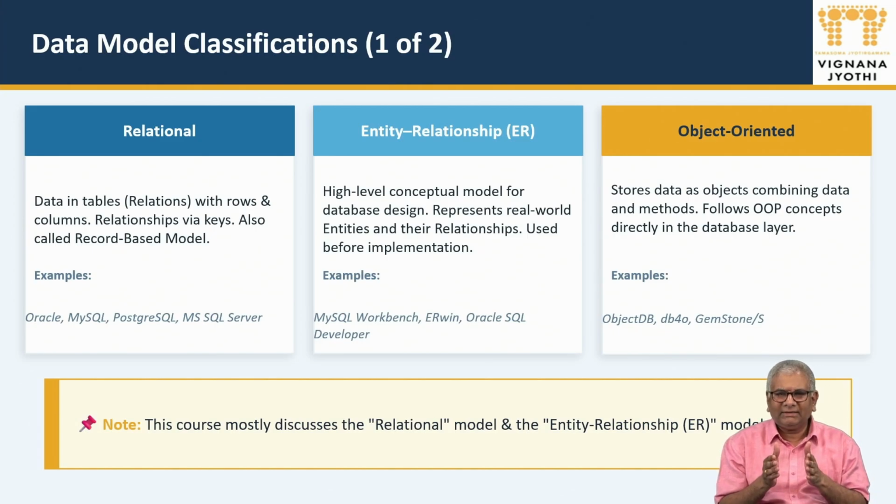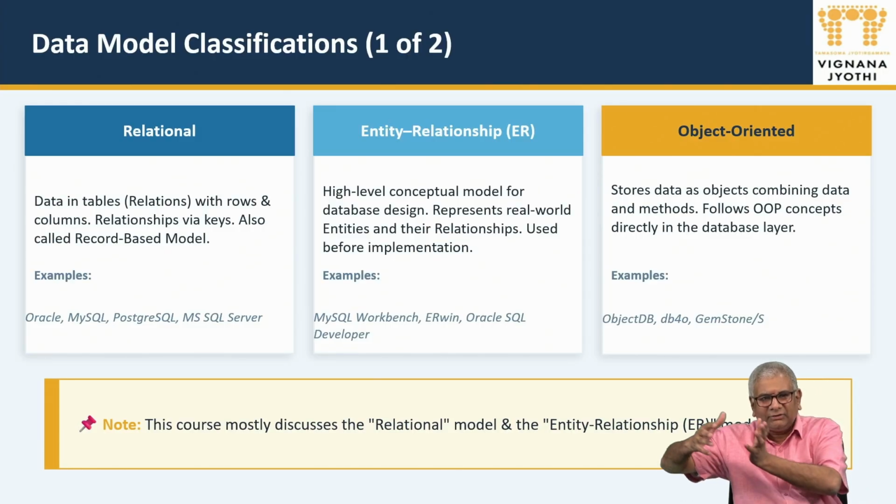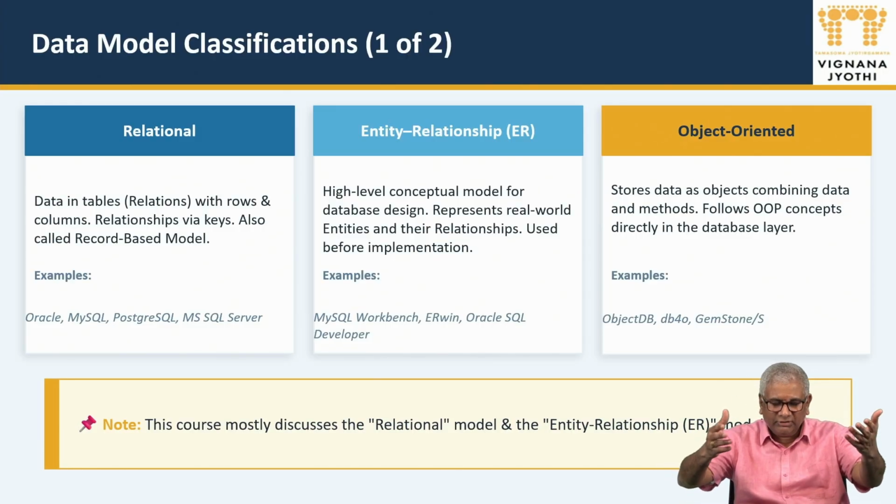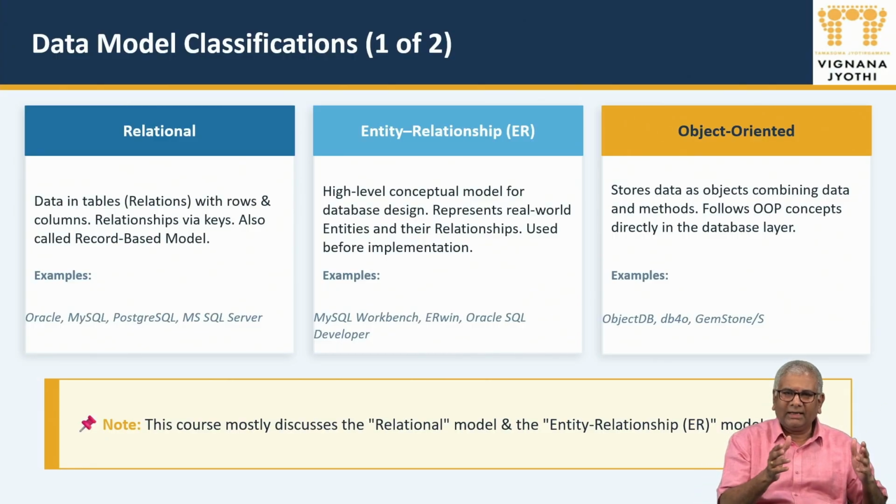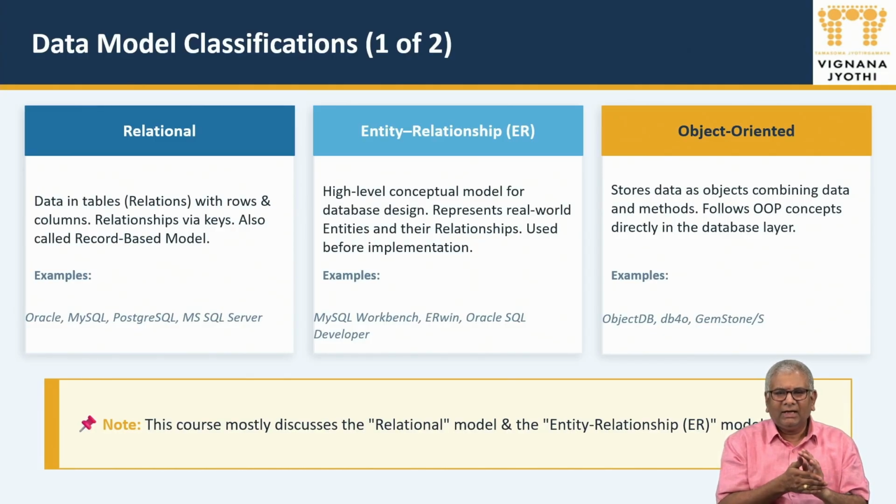The way it works is you get the raw data, then you create an ER diagram on top of that using the ER model. Then you convert that into a relational model or NoSQL model, any other model, and implement that. So basically, it is a conceptual model used for design.